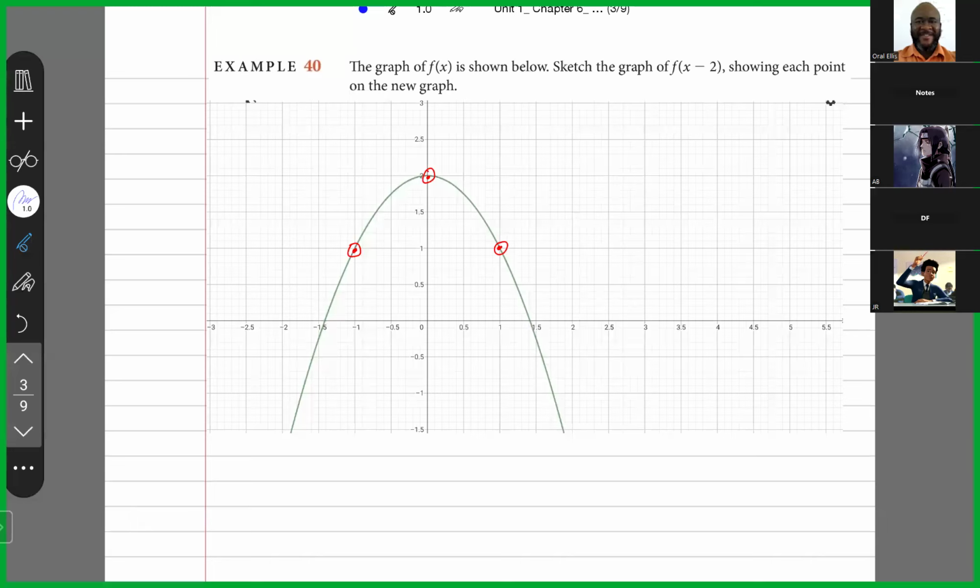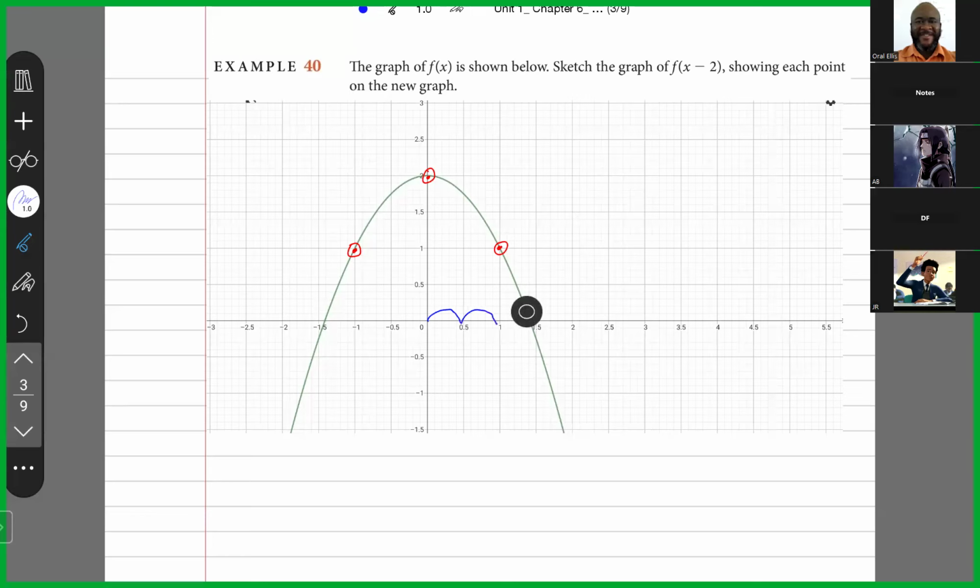All right, so if we're going to move this graph 2 units to the right, the point 0, 2 is going to move 2 units. Please note, it's actually 2 jumps for 1 unit. That's 1 unit.